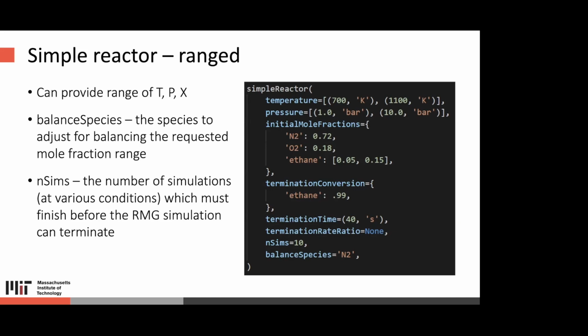Instead of it randomly picking places, is there a way to specify exactly which ones you want? Yeah. If you want to exactly specify the condition, my recommendation would be to have a separate input file.